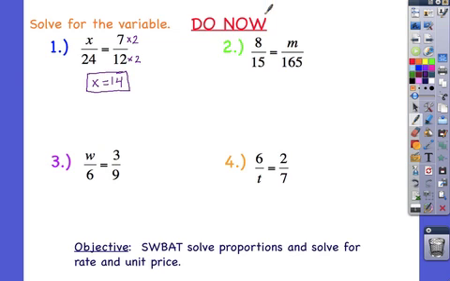Number 2, we need to figure out what the equivalent fraction of 8 over 15 would be when it has a denominator of 165. So first, we'll begin by doing 165 divided by 15.